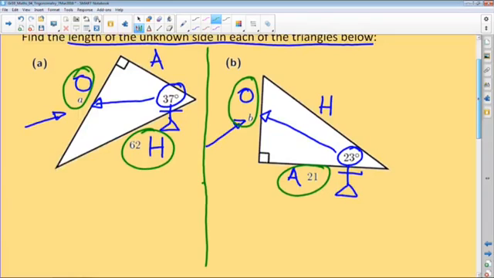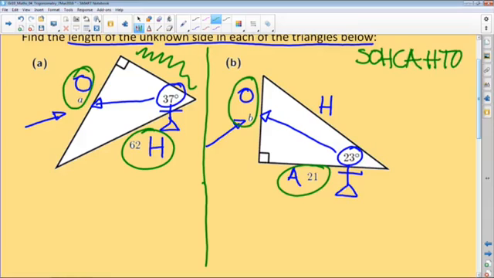The adjacent is not important. The reason I know it's not important is because there's nothing written there, only my opposite and hypotenuse. And if I remember SOHCAHTOA, and I'll just write it over here, I know, that's an A, not an H, I know that sine has the opposite and hypotenuse.